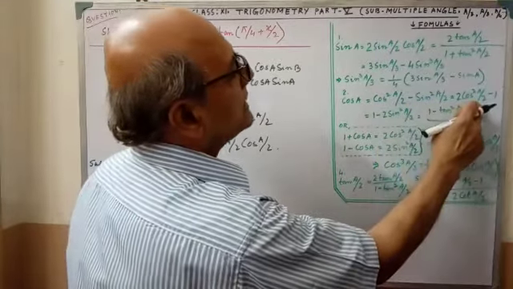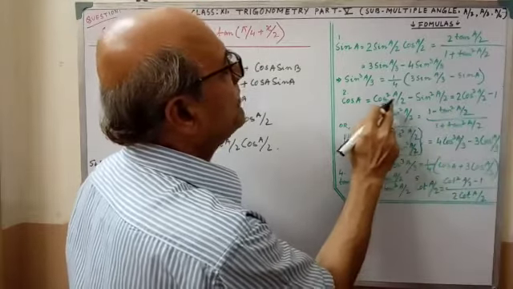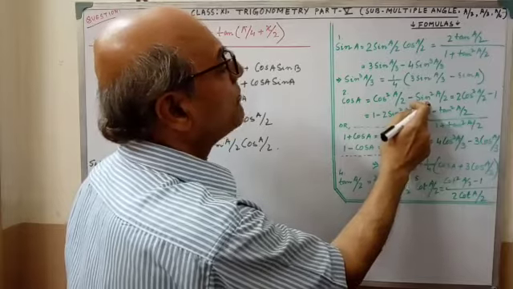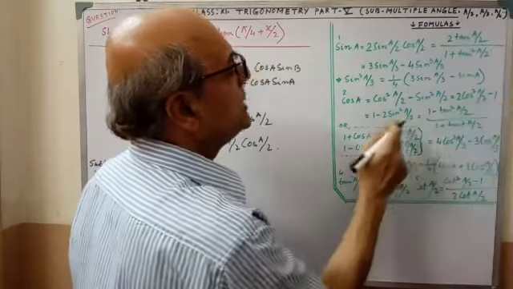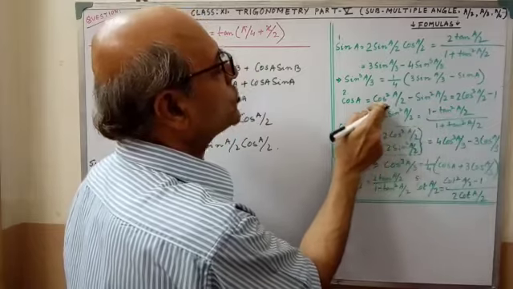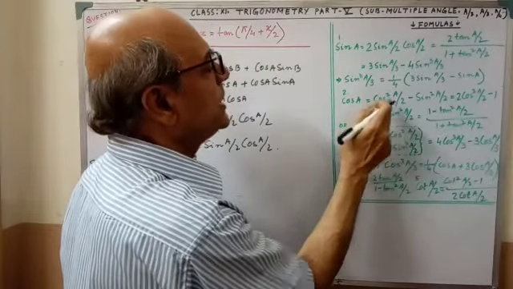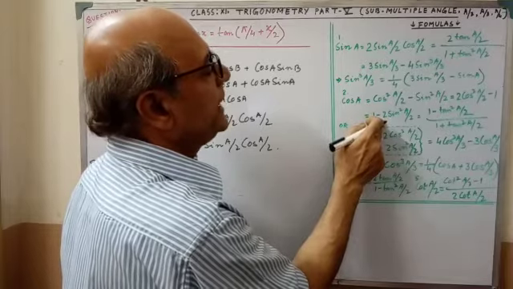By transposition, in place of sin square A by 2 we may write 1 minus cos square A by 2. By simplifying, we are getting 2 cos square A by 2 minus 1. Similarly, we may write cos square A by 2 as 1 minus sin square A by 2. By simplifying, we will get 1 minus 2 sin square A by 2.